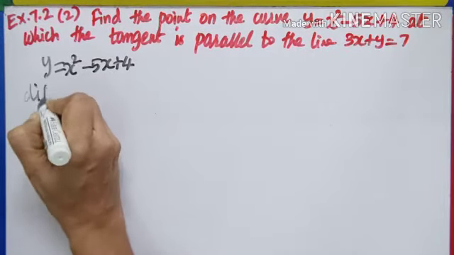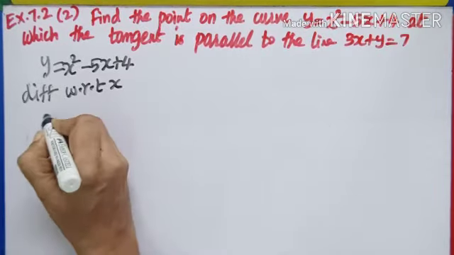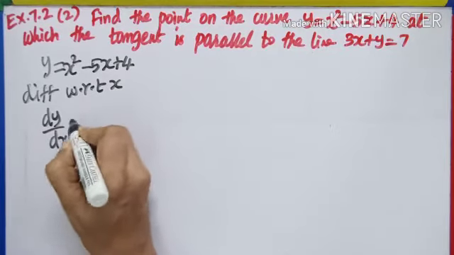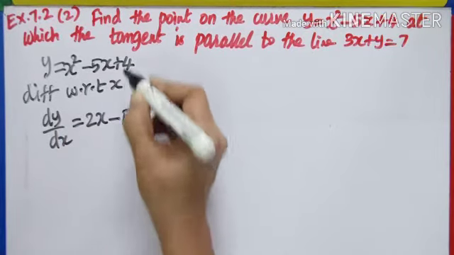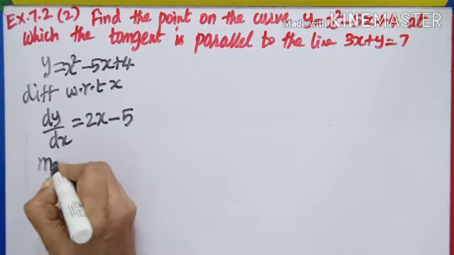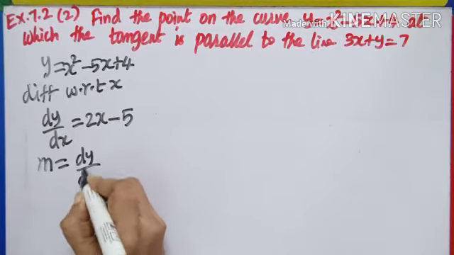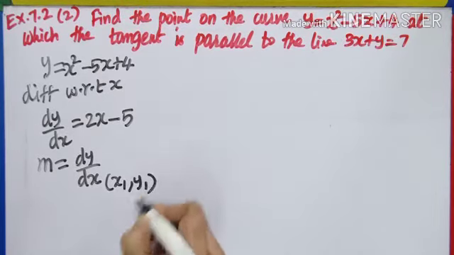We have to differentiate with respect to x. y becomes dy by dx, x square becomes 2x, 5x becomes 5, constant becomes 0. The next step, m equals dy by dx at the point x1, y1.